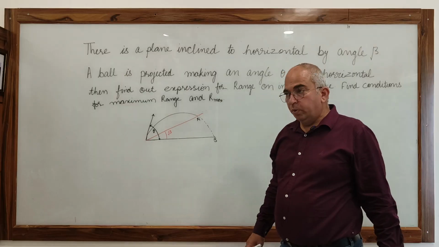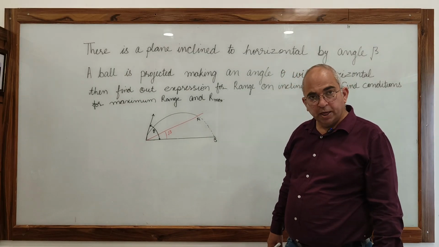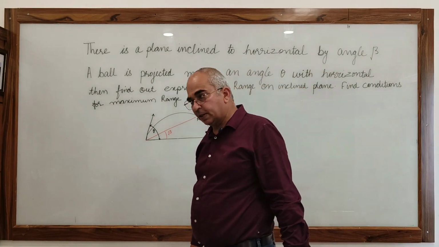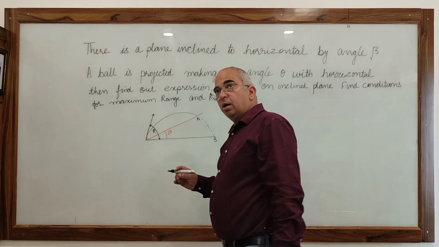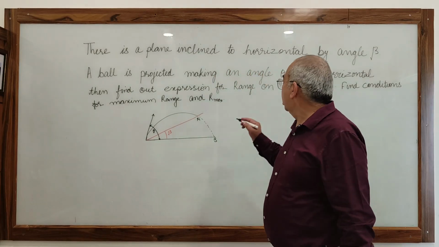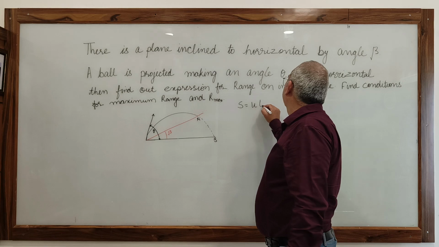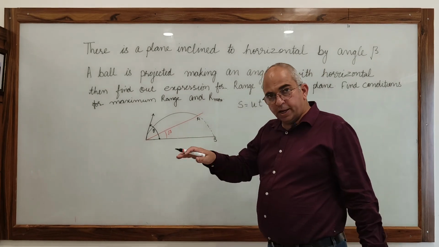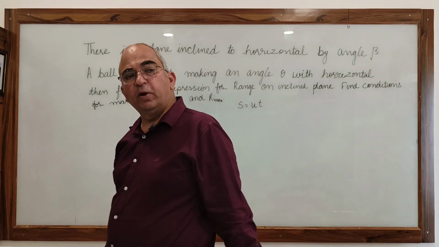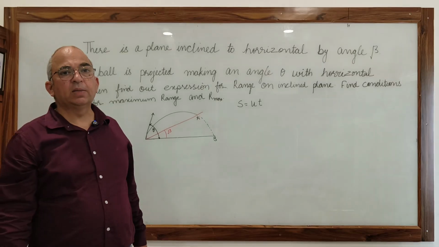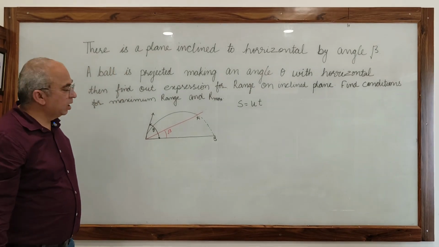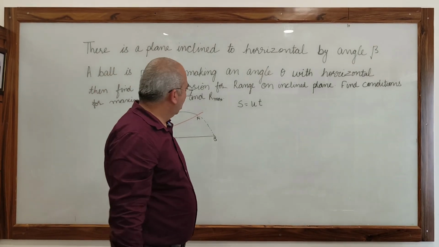So we are going to use s equals ut plus half at square, and in this formula we are just going to use s equals ut, because in the horizontal direction the horizontal component of the velocity remains constant in projectile motion and there is no acceleration.